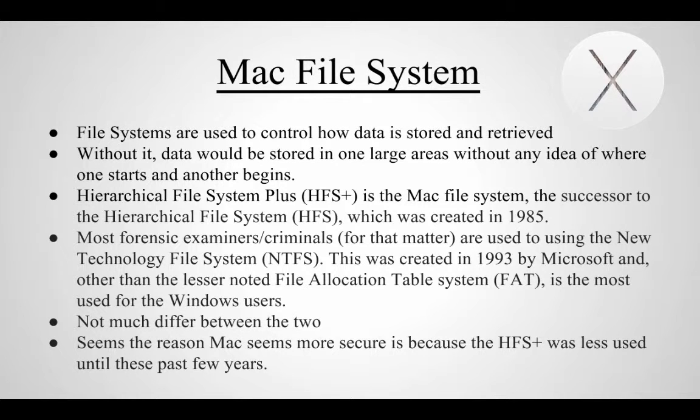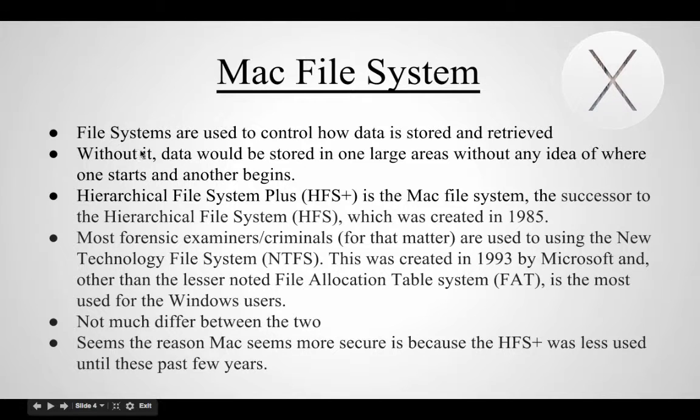Although Macs have the reputation of having a more secure system, it is mostly due to the fact that their file system is different than the Windows file system and their OS is different. A file system is a way to control how data is stored and retrieved.